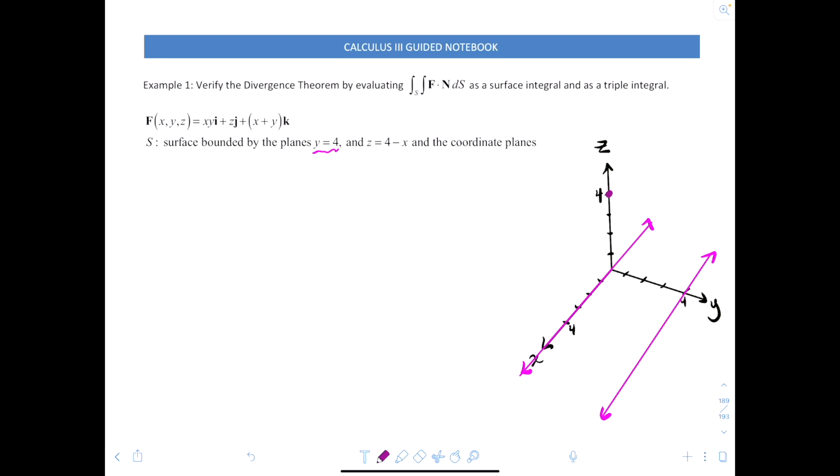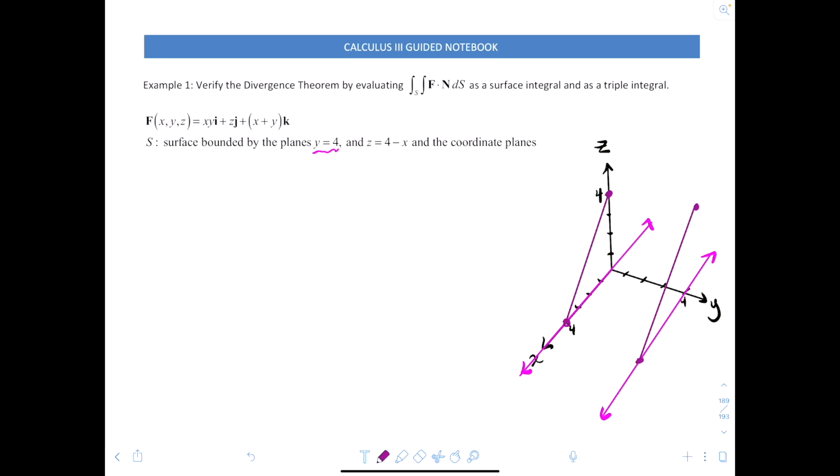If z is 0, x is 4. So we're going to end up with this, and then a point somewhere about here. Something like this. Groovy so far?